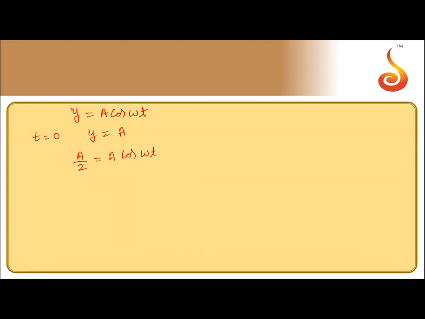So a gets cancelled. Cos omega t is equal to half. So omega t should be 60 degree, that is pi by 3. So 2 pi by T into t is pi by 3. So pi gets cancelled.